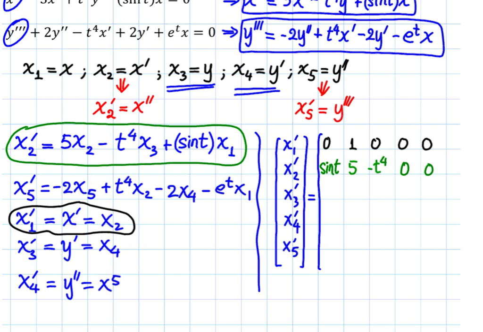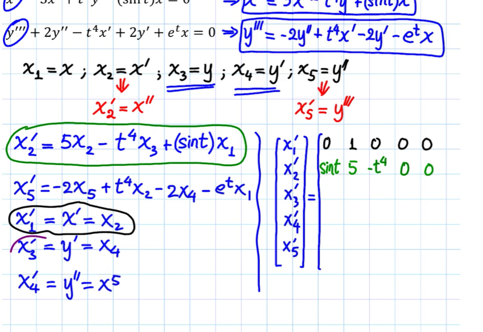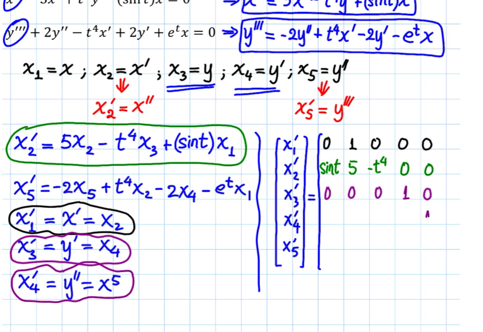We don't have to go in order. x3 prime is just x4, one x4 that is, and everything else is 0. Same thing for x4 prime, which is just x5. Everything else is 0.